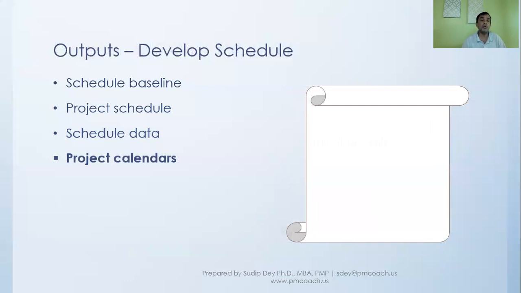It's also important to consider the project calendar. The project calendar is about the working days and shifts, because we don't want to forget holidays and then suddenly find that our whole plan has gone off because we did not take into consideration the holidays that exist in this particular office, in this particular country.